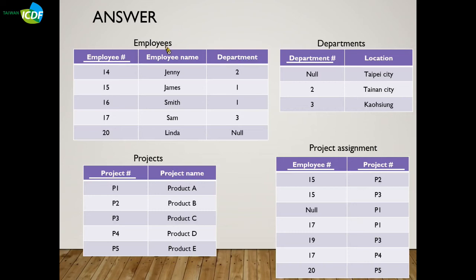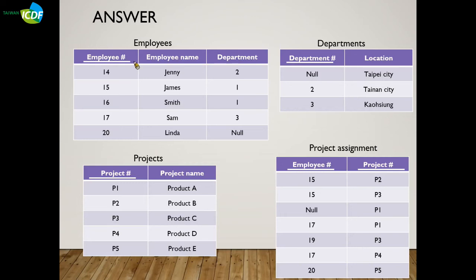At the beginning of this exercise, I demonstrated how to apply the entity integrity rule on tables to confirm their data consistency, and we found that the primary key employee number values are non-null, so there is no data inconsistency in this table.